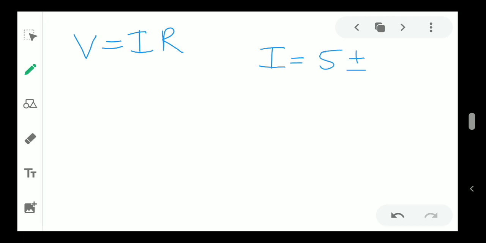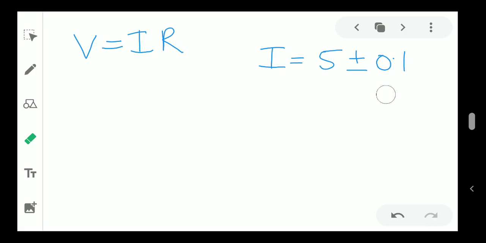Now the little bit complicated things will come when we talk about multiplication. Let's say we have V equal to IR, that means our Ohm's law. The current I have measured, let's say, is 5 amp plus minus 0.1 amp. Let's say I have measured with an ammeter, and the smallest division of my ammeter is this much.